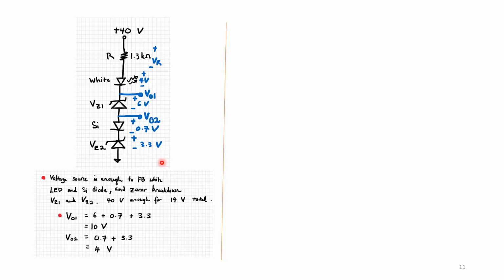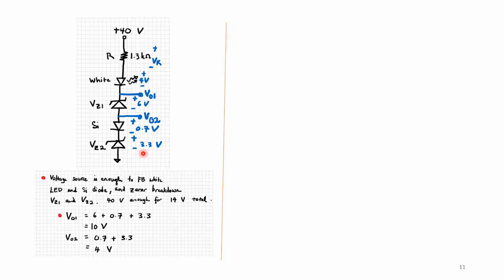Is the voltage source positive enough to forward bias the white LED and the silicon diode, and to break down the Zener diodes VZ1 and VZ2? To turn on all of these, what you need is 4 volts across the white LED, 6 volts to break down VZ1, 0.7 volts to forward bias the silicon diode, and 3.3 volts to break down VZ2.